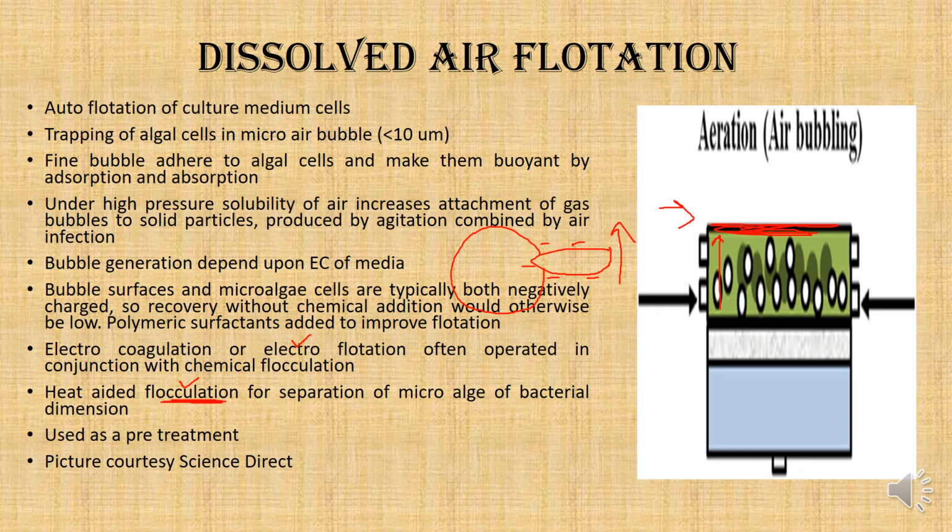In addition to all the processes done in electro coagulation, one additional step, the addition of bubbles, is done. So during the entire harvest process, we see that two or three processes are used in sequence or together to improve the biomass concentration.